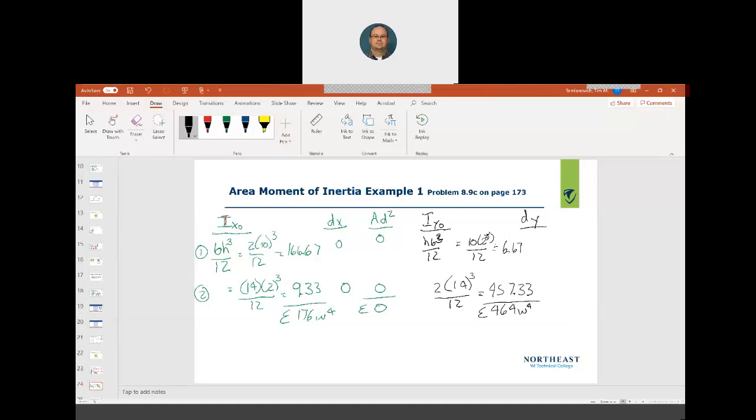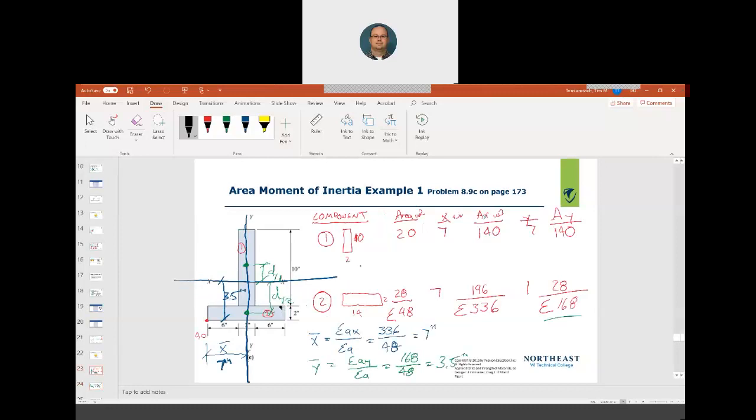Okay, so let's go back up to our diagram. For component 1, there is a distance from here to here. The dy is the distance in the y direction between the individual xx centroid and the composite xx centroid.